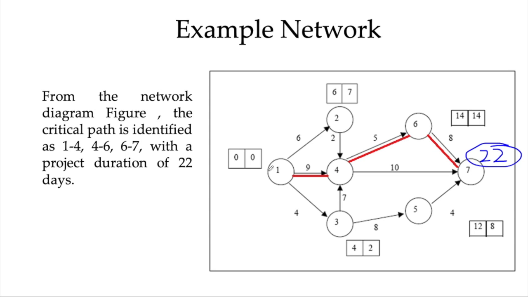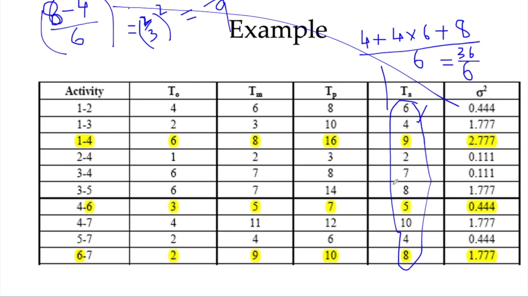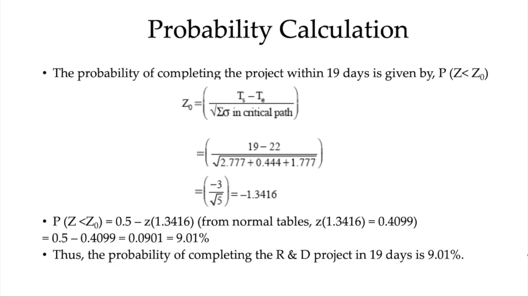Sigma in the critical path: 1.4, if you see, is 2.77, so this is the sigma, and then 0.444 and 1.777. So these three sigma values are taken and the square root of that. If we do that, we'll get this value.